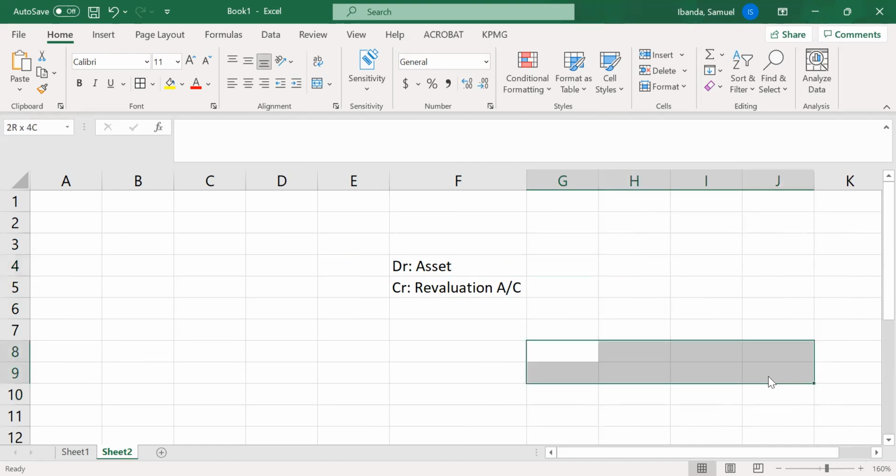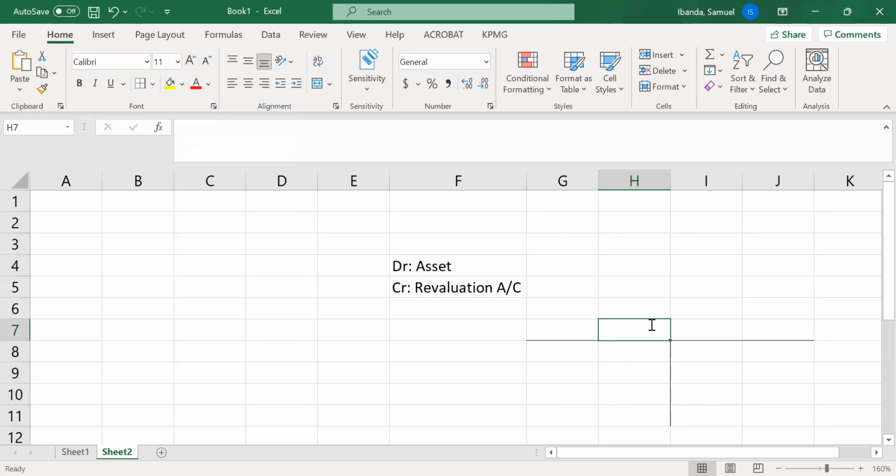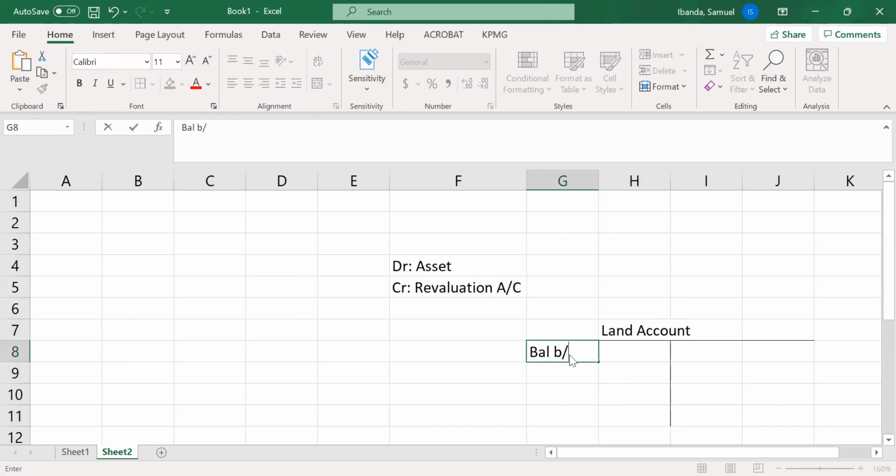So for example, let's start with the one of land. So let's say maybe this was the land account. Now, this land account will have the balance brought down, basically the balance that is within the statement of financial position as we have been provided.